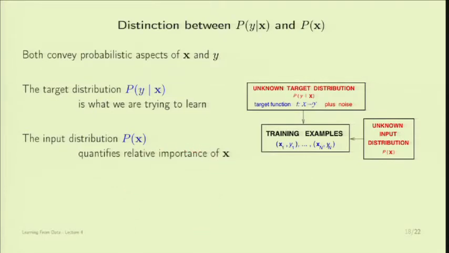Let me give you an example. Let's say you are approving credit again, okay? The target distribution is the probability of creditworthiness given the input. Let's simplify the input and say it's the salary. So I give you the salary, you decide what is the risk of this person defaulting, and then you decide that the output is +1, approved credit, with probability 0.9, and disapproved credit with probability 0.1, okay?